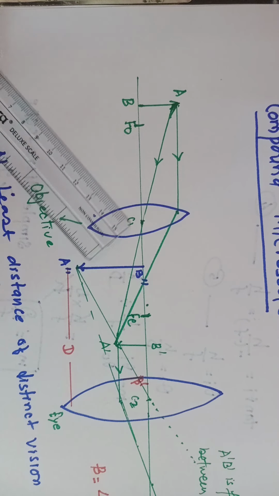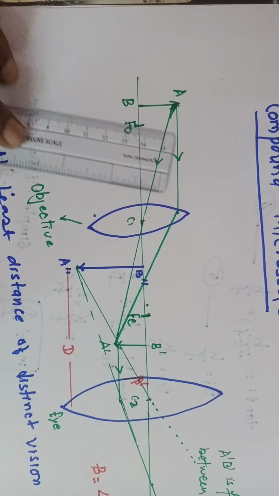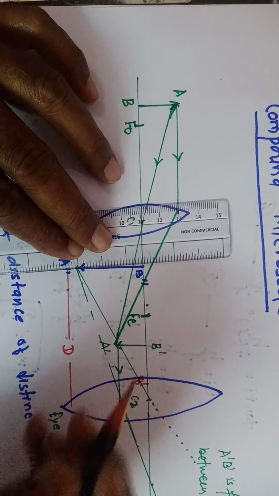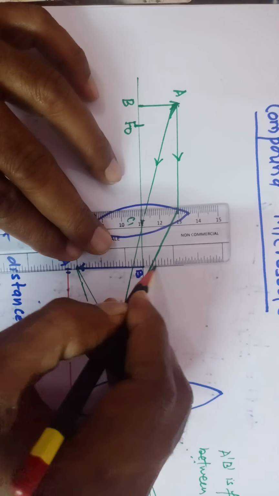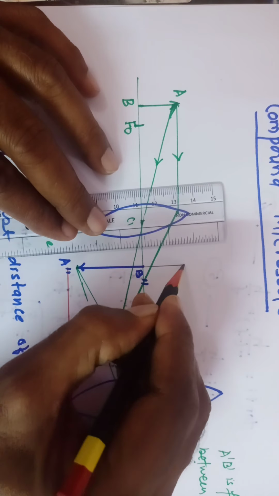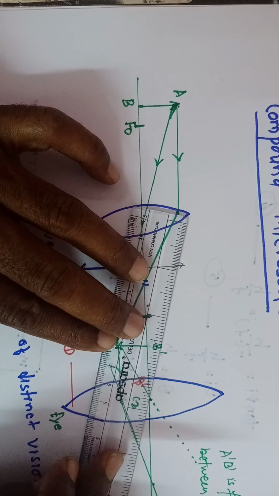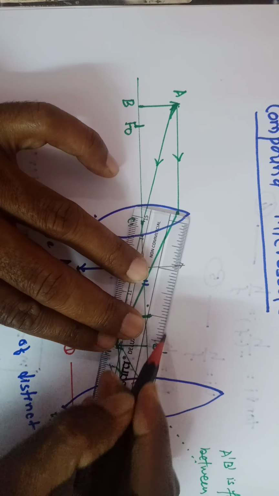And to get the magnification, we will consider that object is placed at least distance of distinct vision. So we will keep object here. If the object is placed at that place, least distance of distinct vision, how much angle will it form? It will form alpha.